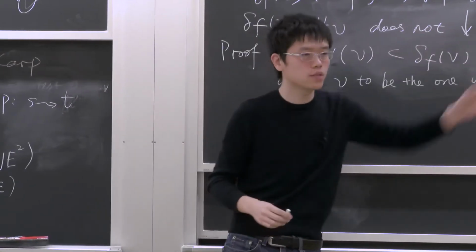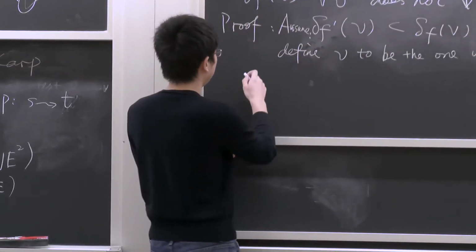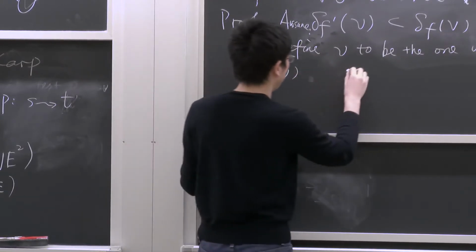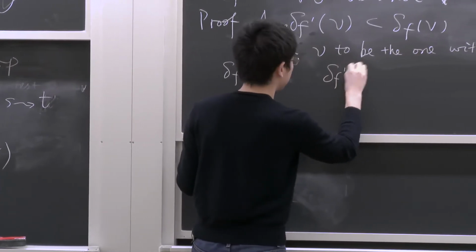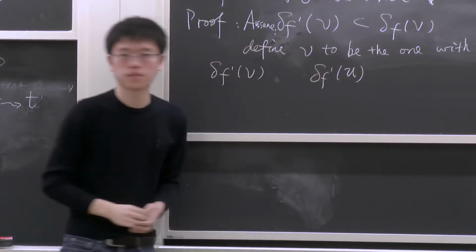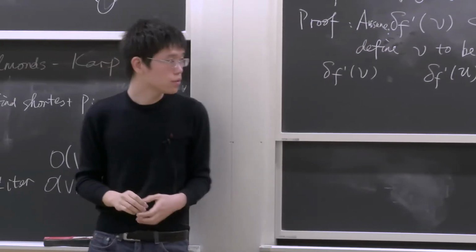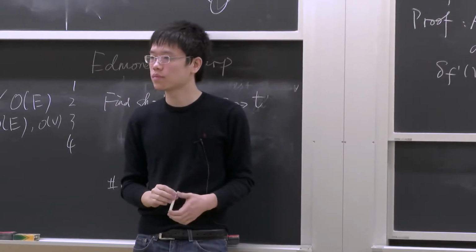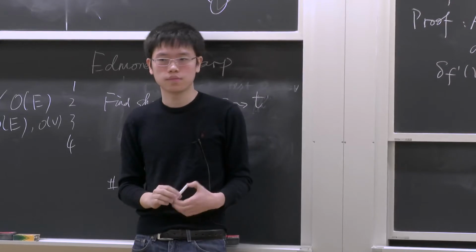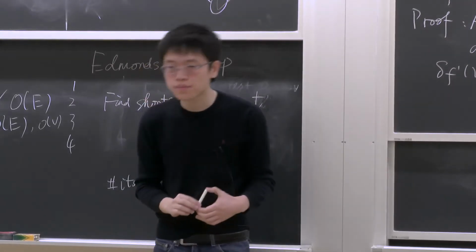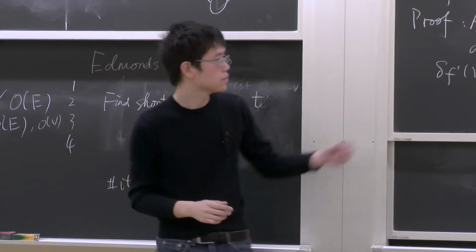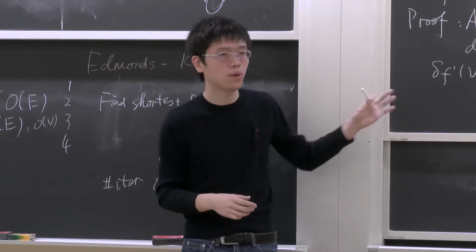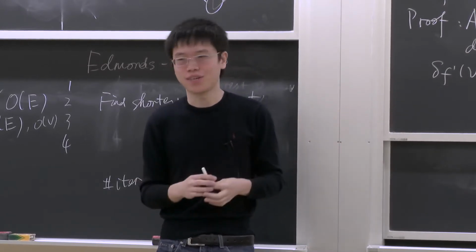Okay, if this is the shortest path to V, what can I say about delta of V and delta of U? What can I say about these two quantities? One of them is greater than the other? And that's always true, right? For any two quantities.